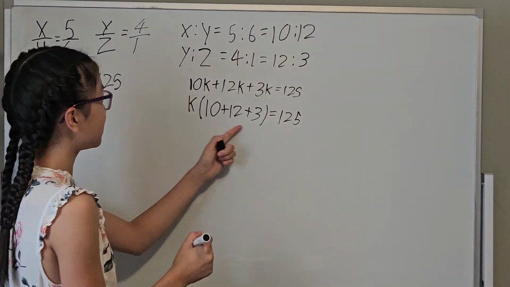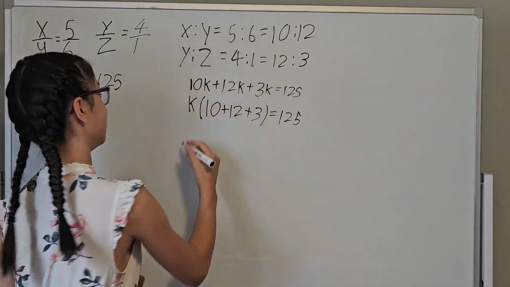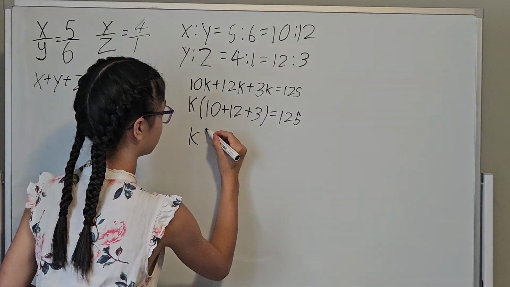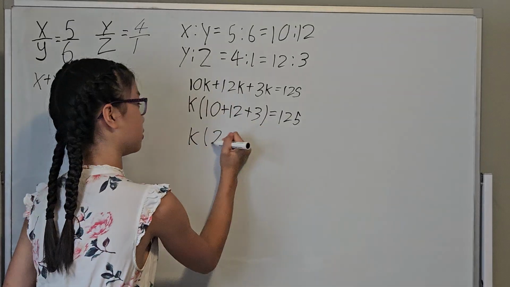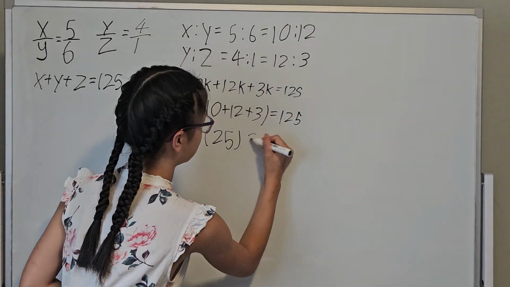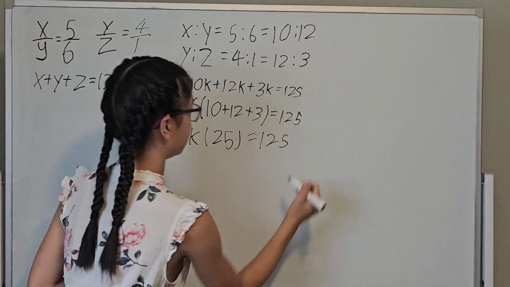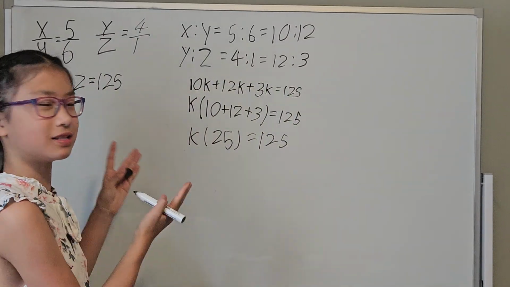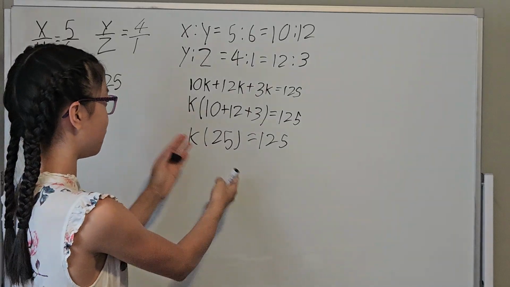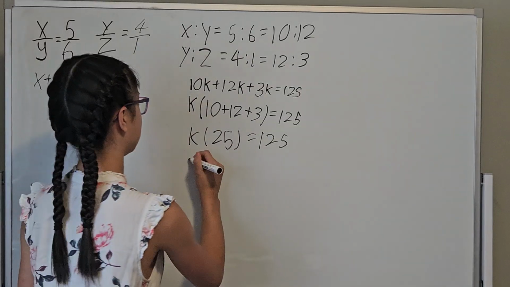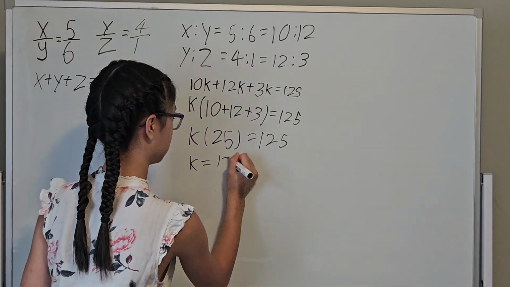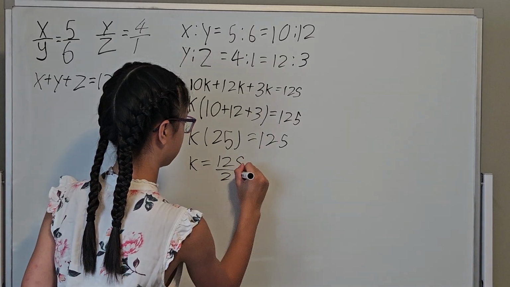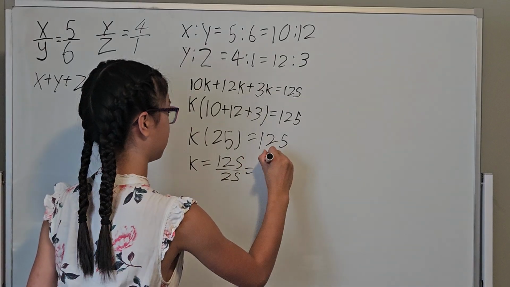And then we can solve the thing inside the brackets. So k times 25 equals 125. Now we have to get the variable on one side and the whole number on the other side, which means k equals 125 over 25, and this equals 5.